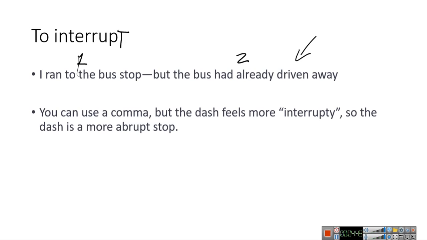It is the second one, because the second one is interrupting what happened in the first place. I ran to the bus stop. We're supposedly guessing that the first thing I did was run to the bus stop. But then what happened? That is the interruption. What happened next to the thing that I was doing is the interruption. So, but the bus had already driven away.